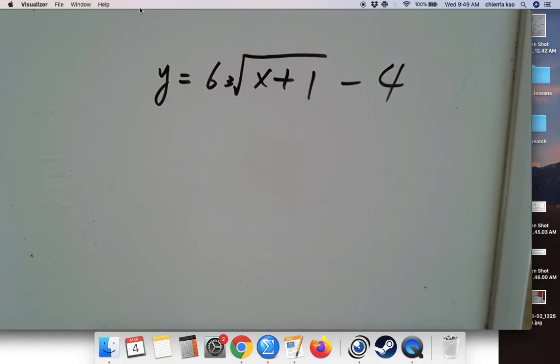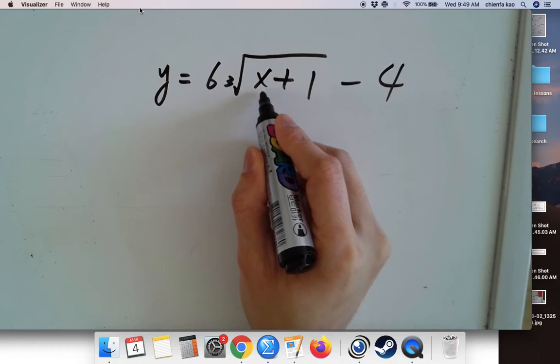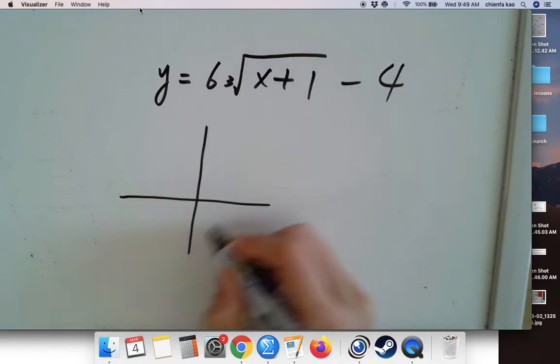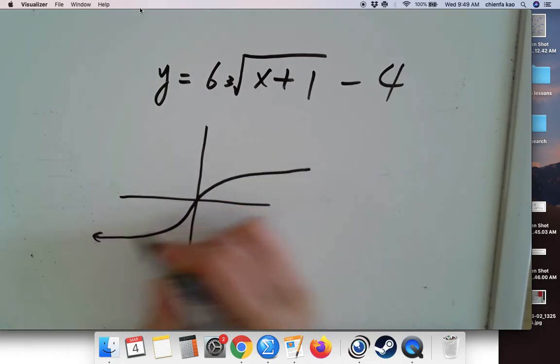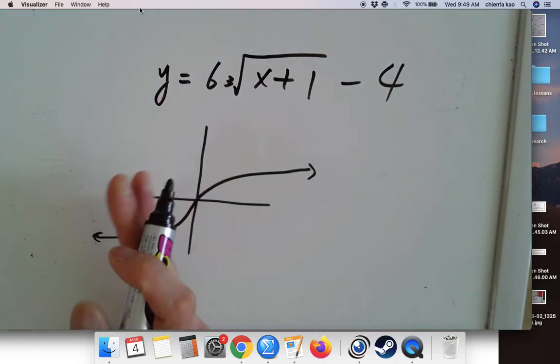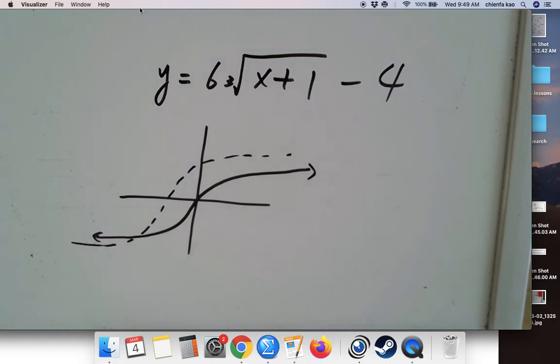Okay, now that you have done so, how would you graph this one? First, you need to know the parent function. The parent function looks like this. Okay, it's been shifted 1 to the left. So 1 to the left. So it looks kind of like this, right?